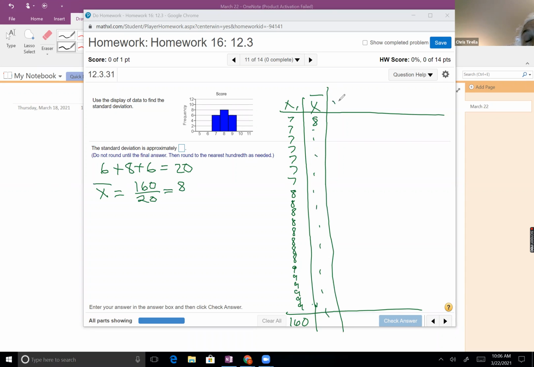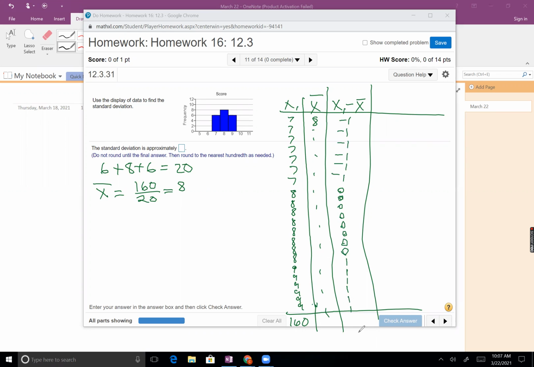Then I'm going to take the value minus the mean. For each of these 7s, I'll have a difference of -1. For each of these 8s, I'll have a difference of 0. And for each of these 9s, I'll have a difference of 1.